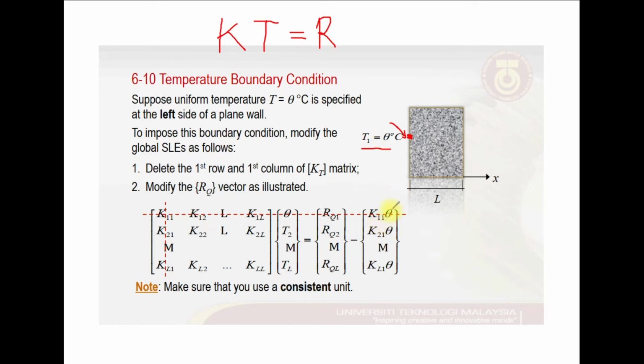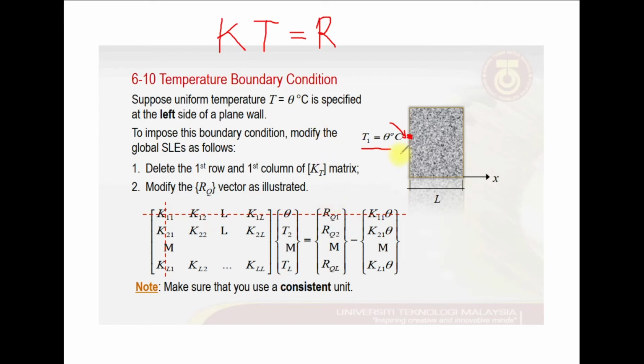So let's say this is our system of linear equations, which consists of the K matrix, the unknowns T, temperature distributions, and this is the column vector R.